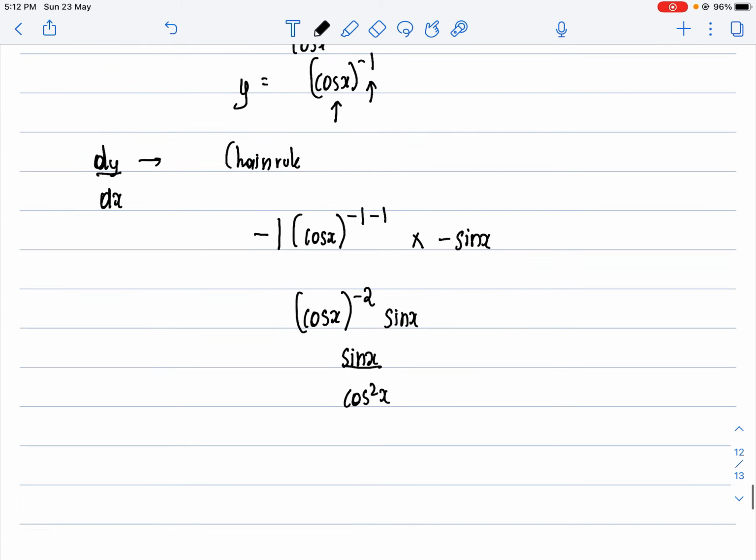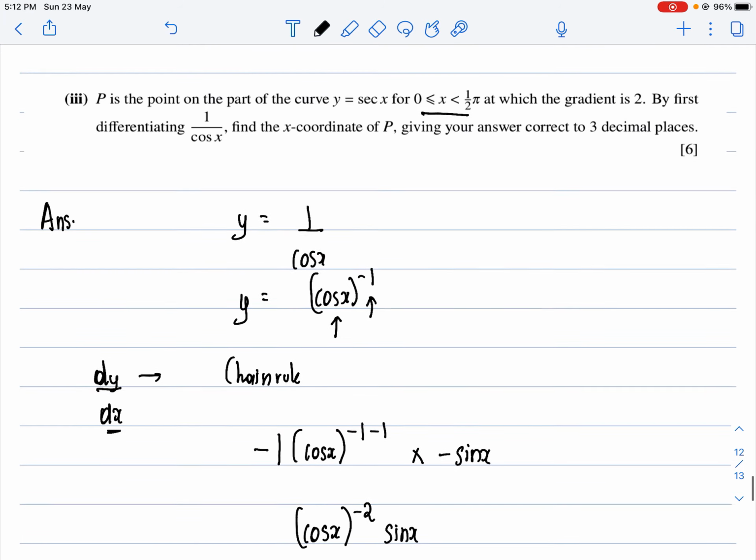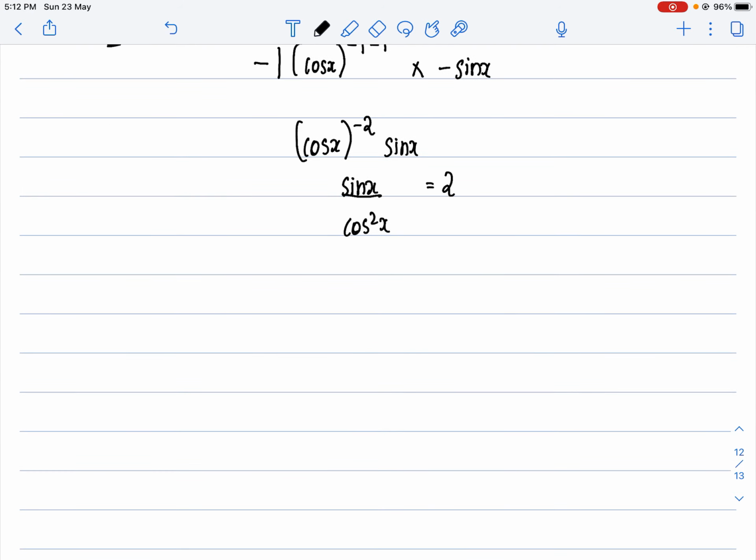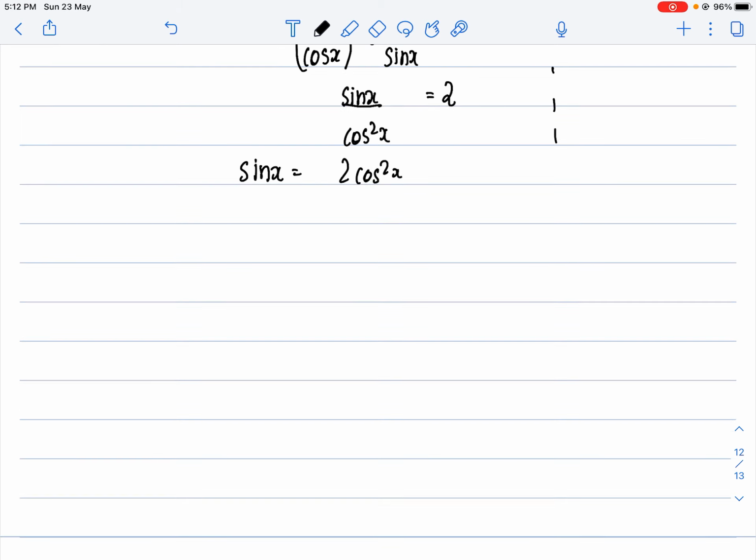And now I know the gradient at P is equal to 2. So I can write this as equals to 2. So now I can write this as sin x equals 2 cos square x. Now I need to solve this. The trig identity is sin square x plus cos square x equals 1, so cos square x equals 1 minus sin square x.